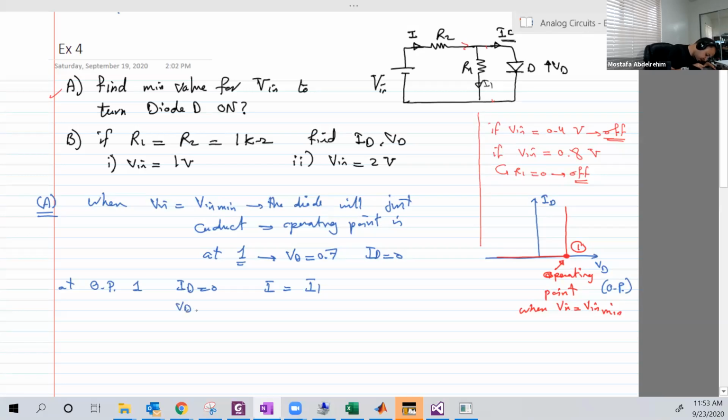But Vd is equal to 0.7. If this is ground here, and you have here 0.7, so this node is 0.7 because the voltage drop is 0.7, so this is larger than this by 0.7. If this is ground, and you can assume a ground anywhere, that's fine. So this is 0.7.